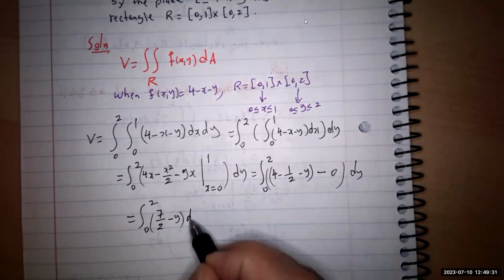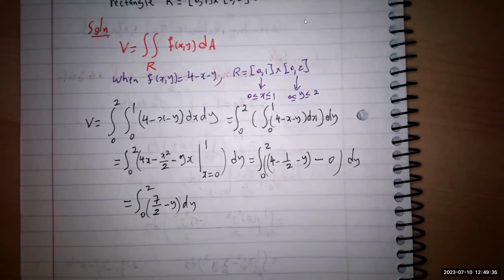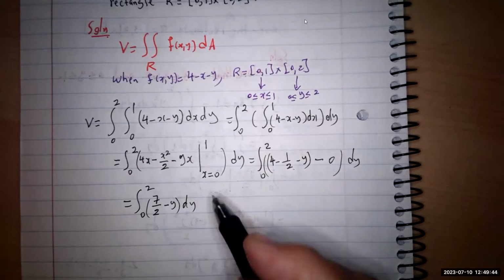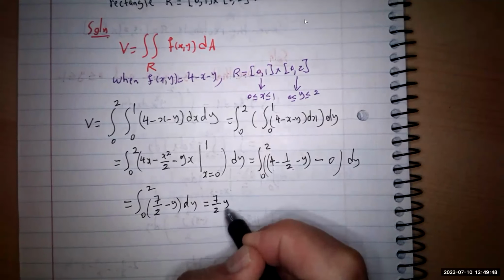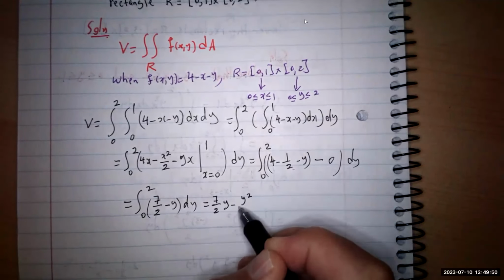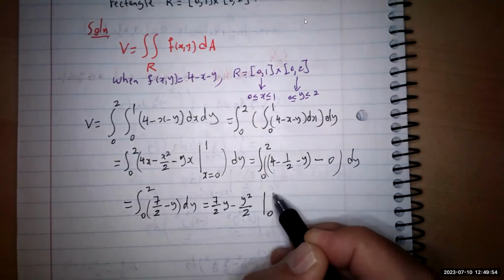Then I integrate with respect to y. I just simplify this: 4 minus 1/2 gives me 3.5. We can now integrate with respect to y. That gives you 7/2 of y minus y squared over 2, evaluated from 0 to 2.